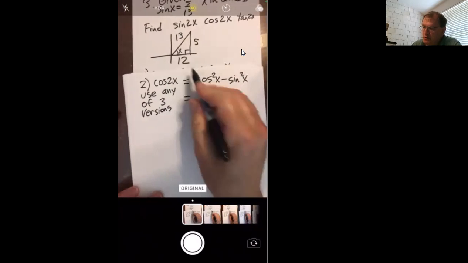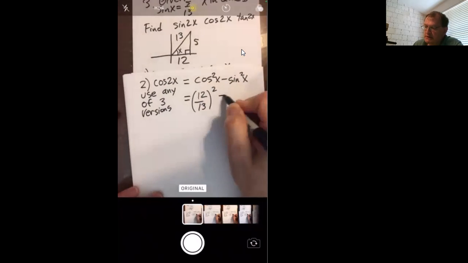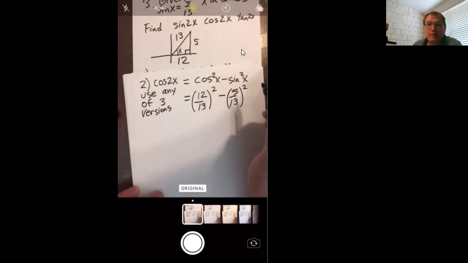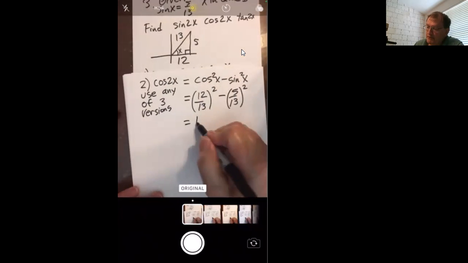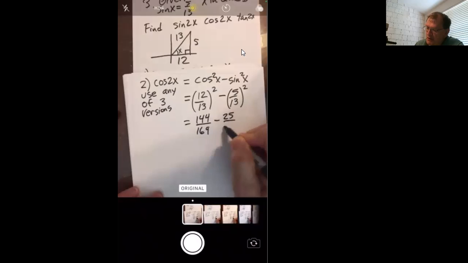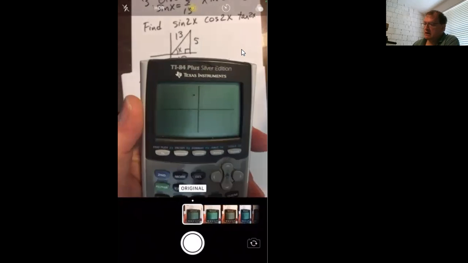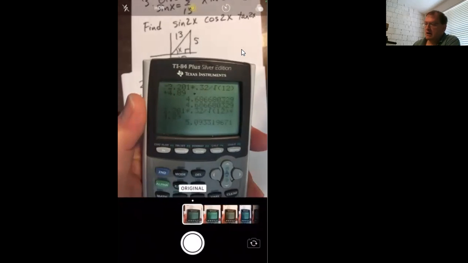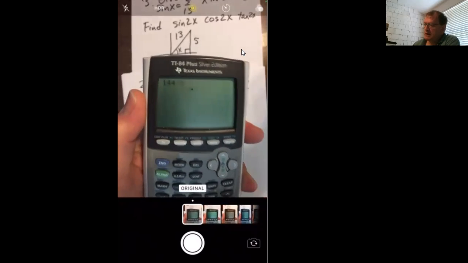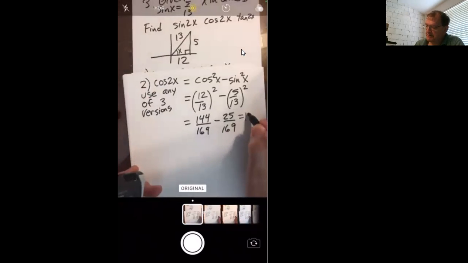Well, cosine squared, if you remember, was 12 over 13, but that's squared. Sine squared is 5 over 13, squared. So you're going to get 144 over 169, subtract 25 over 169. 144 minus 25 is 119 over 169.